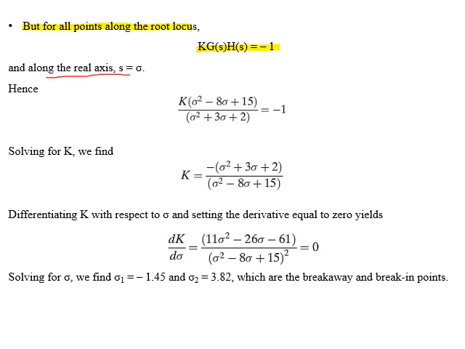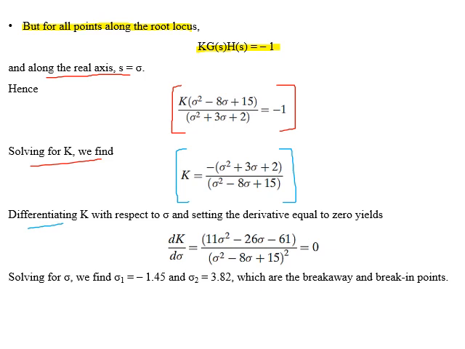So we will obtain our relation in terms of sigma. Now we will solve the relation for the value of k and we will obtain k equals minus (sigma^2 + 3 sigma + 2) divided by (sigma^2 - 8 sigma + 15).